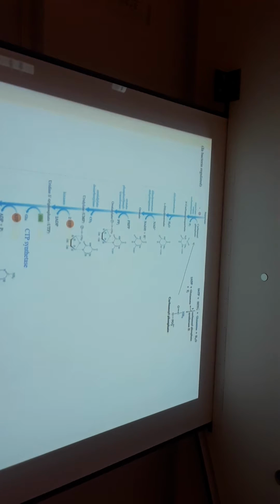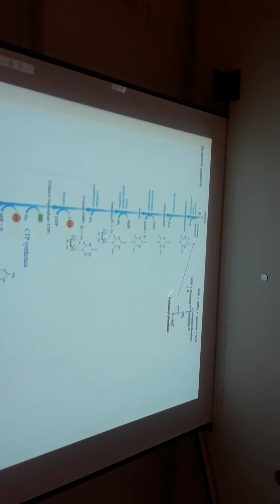So the nitrogen source is different here. It's not free ammonia, but an amino nitrogen from the side chain of glutamine. But the molecule that is synthesized is the same as what we saw in the urea cycle, carbamoyl phosphate.